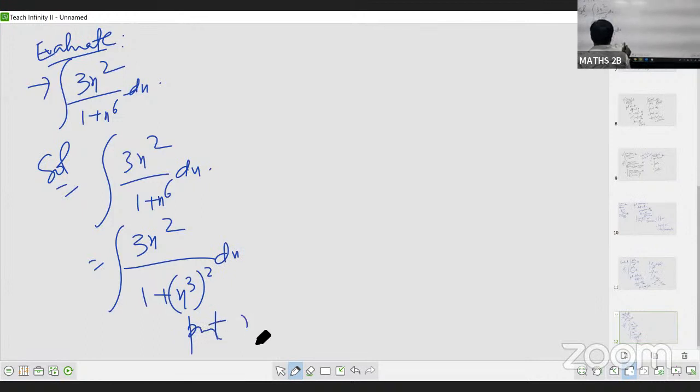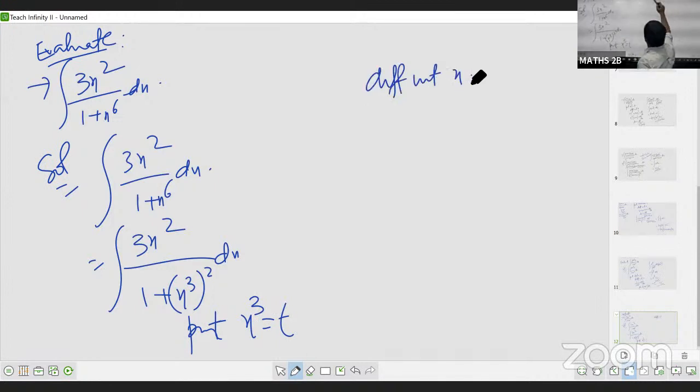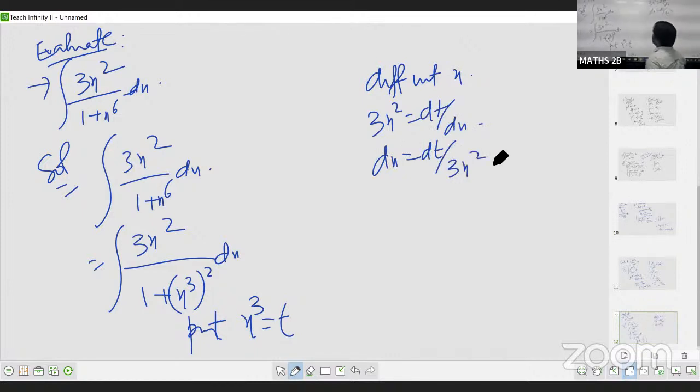Put x cube equal to t, then differentiate with respect to x. 3x square equals dt by dx. Then dx is dt by 3x square.